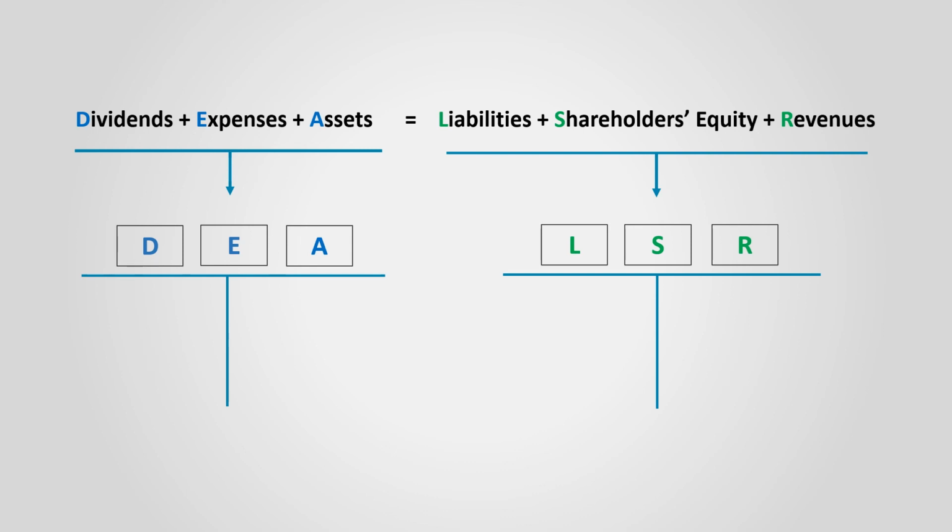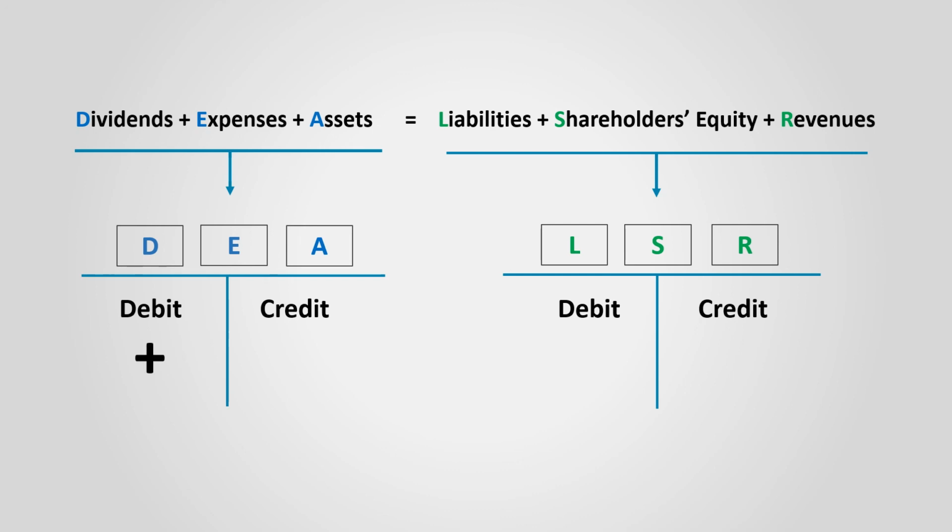Remember that debit and credit places don't change. Debit is always on the left and credit is always on the right. But each side could be either an increase or decrease depending on the account and the category that it is related to. The rule is that any category increases on the side of its normal balance and decreases on the opposite side. Dividends, expenses, and assets have a normal balance on the left-hand side, which is the debit side.